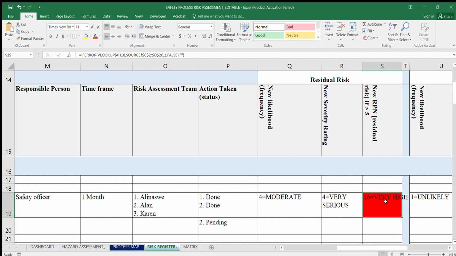So now at this point, you need to pull up your socks with your implementation. It means you need to implement your proposed preventive or mitigation measures. Only when you implement, maybe the chances will reduce. So if the chances reduce, even the risk reduces. So how do you know that the risk has reduced?